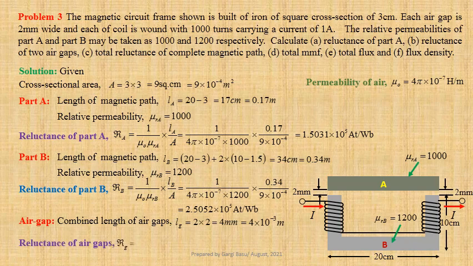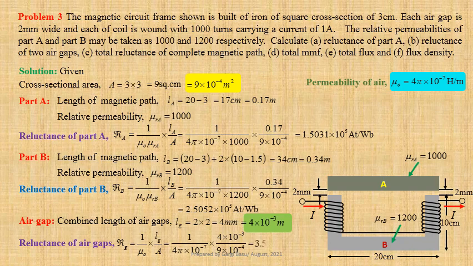Rg equals 1 upon mu 0 into Lg by A. Using values we get 1 upon 4 pi into 10 to the power minus 7 into 4 into 10 to the power minus 3 by 9 into 10 to the power minus 4. That gives us 3.5368 into 10 to the power 6 ampere turns per Weber.